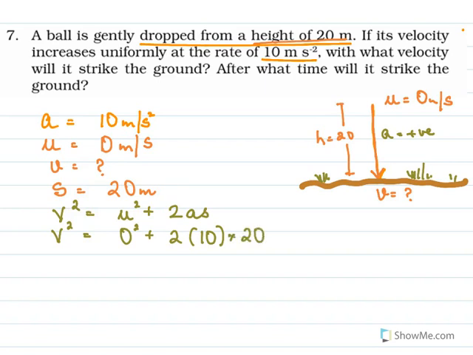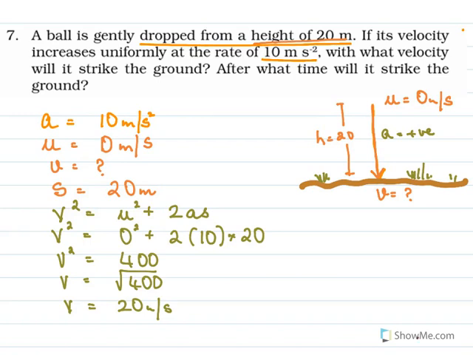And we have the s is 20. So v square is 400, v is under root of 400. So v is 20 meter per second. So it drops to the ground. When it reaches the ground, its velocity is maximum, and that is 20 meter per second.